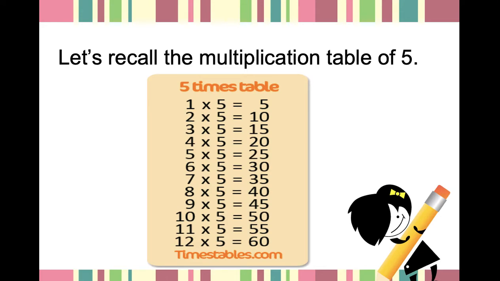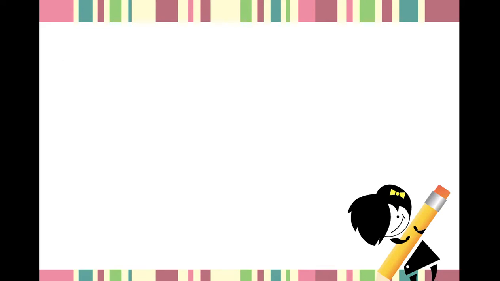So 1 times 5 is 5, 2 times 5 is 10, 3 times 5 is 15, 4 times 5 is 20, 5 times 5 is 25, 6 times 5 is 30, 7 times 5 is 35, 8 times 5 is 40, 9 times 5 is 45, 10 times 5 is 50, 11 times 5 is 55, and 12 times 5 is 60. If you want to learn it by heart, just pause the video for a while and then you can proceed ahead.